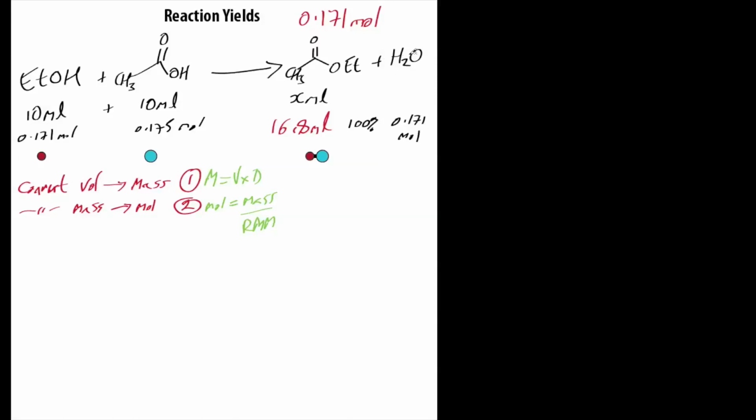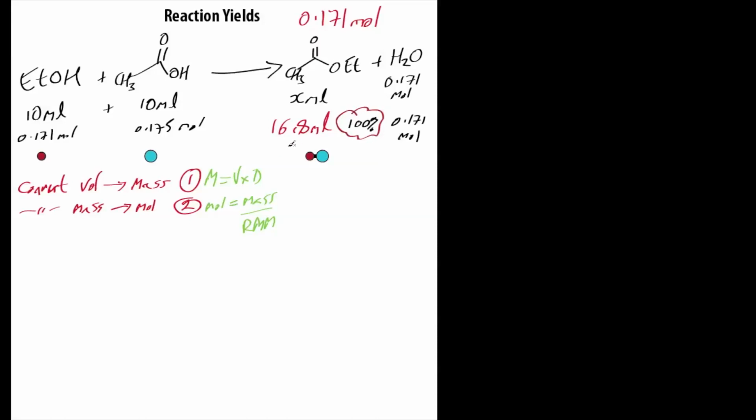We didn't work out the water, but the water should be 0.171 moles, simply because once all that's run out, no more water will be formed either. So that was for a 100% yield reaction.